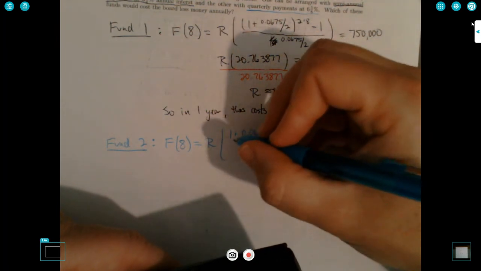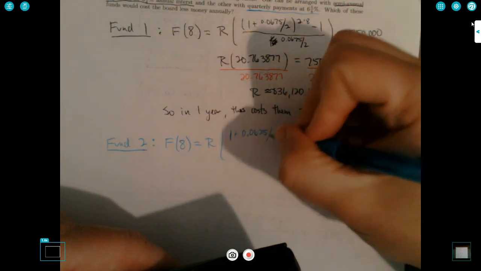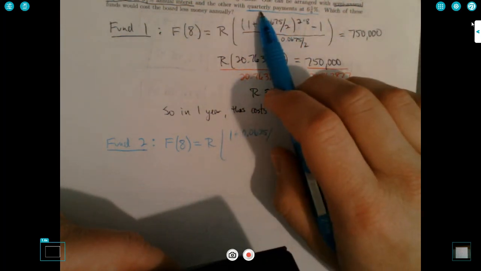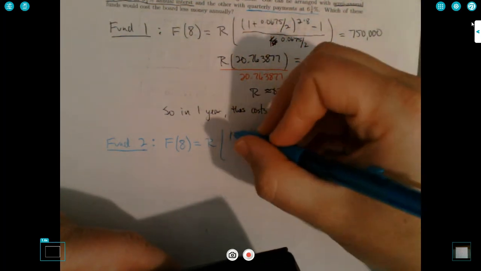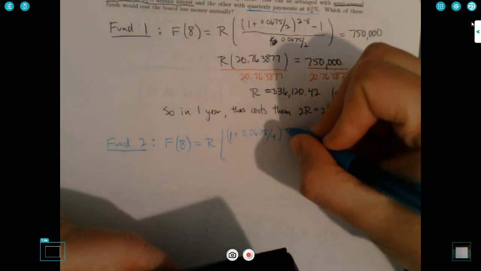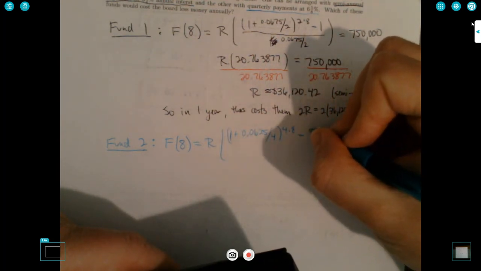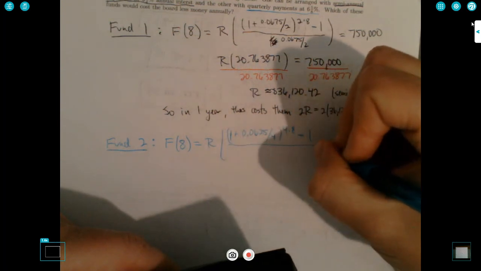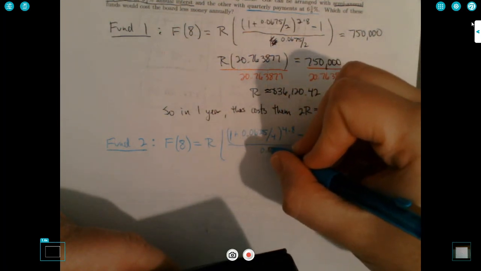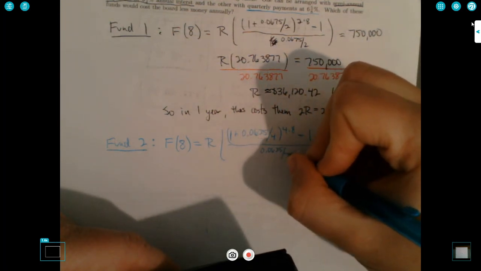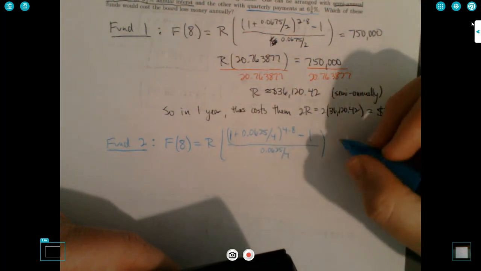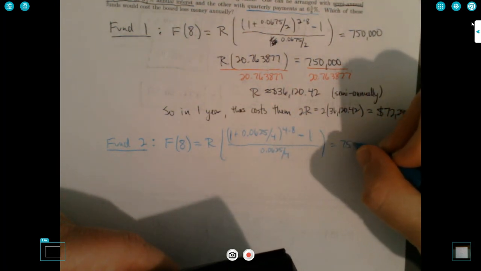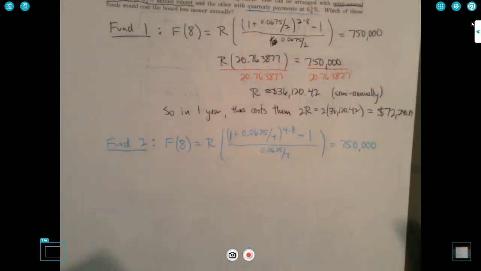Right? So it's 1 plus that divided by, now they're going to make quarterly payments, so we're going to divide that by 4 and raise that to the 4 times 8, minus 1, divided by 0.0625 over 4. And that also needs to equal $750,000.